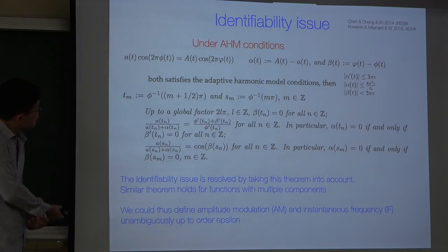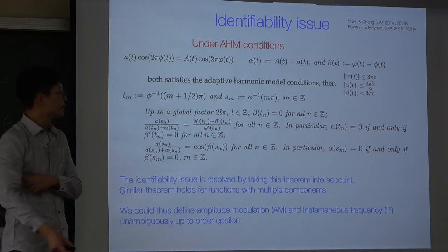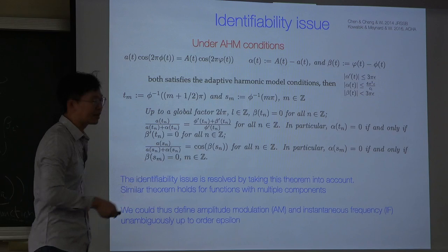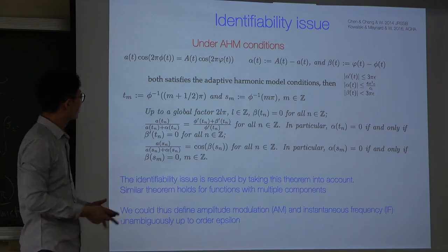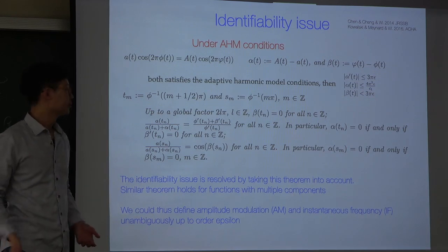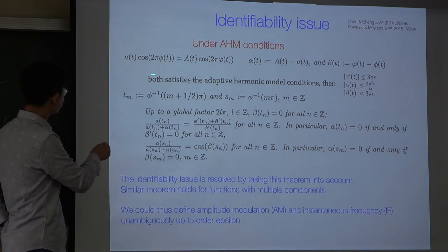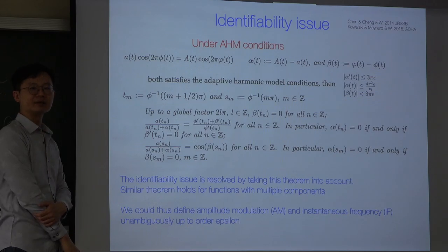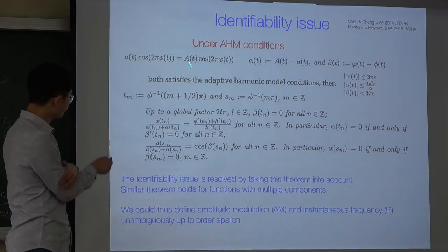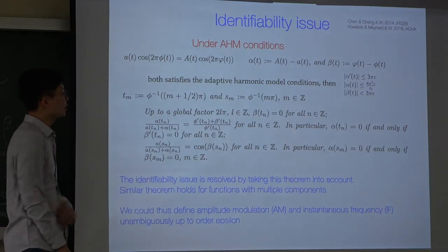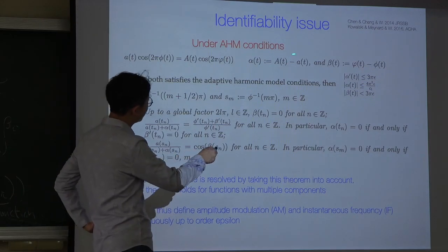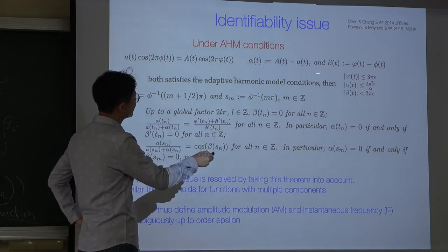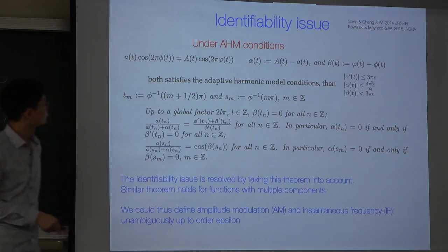There are some theoretical results under the adaptive harmonic model condition. Suppose you have two representations of the same component, and let's assume there is only one oscillatory component, and we denote the difference of the amplitude modulation to be alpha and of the phase to be beta.